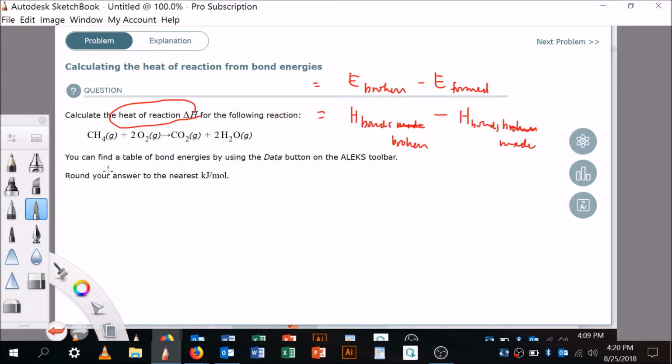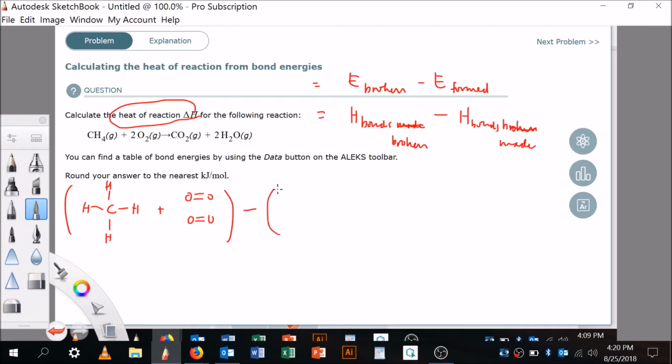So first of all, the bonds that are broken in methane, I guess you have to know the Lewis structures of these, right? Bonds that are broken, you've got those, and then two O2s, right?